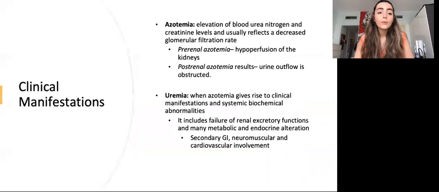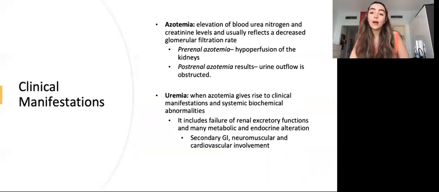Now, we'll go to the basic clinical manifestations of kidney diseases, and then we'll go into more detail about the structures of the glomeruli and the different diseases and how they progress. But for now, the two most common clinical manifestations are azotemia and uremia.